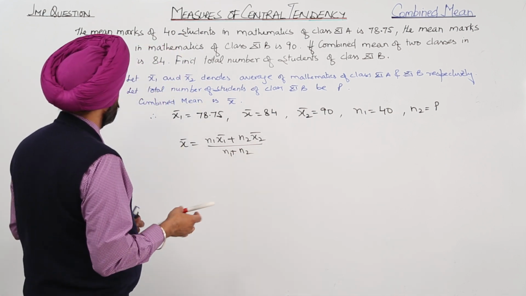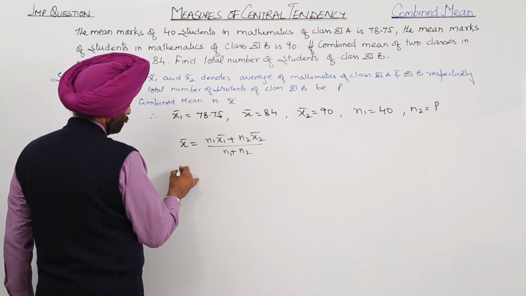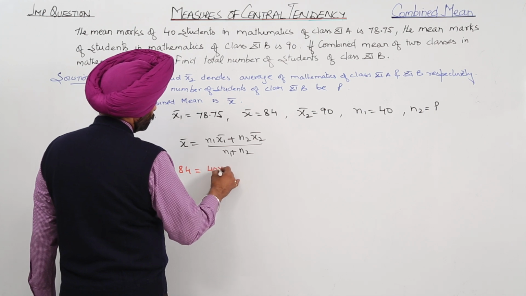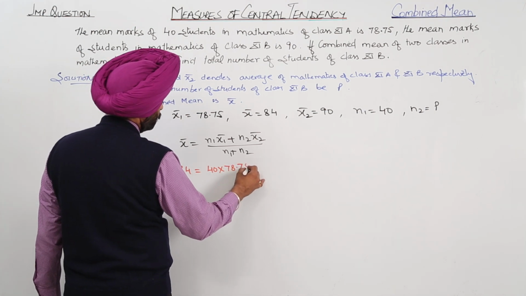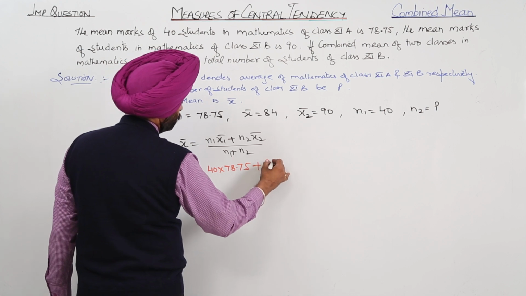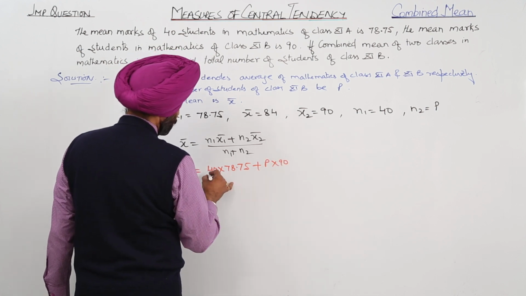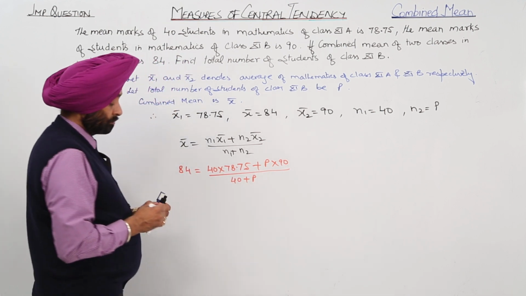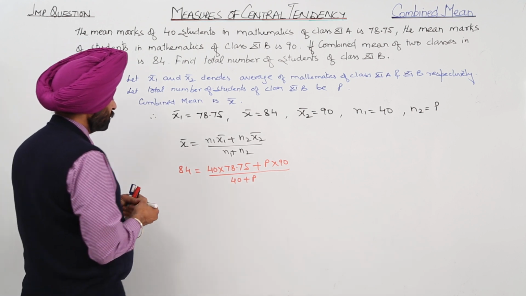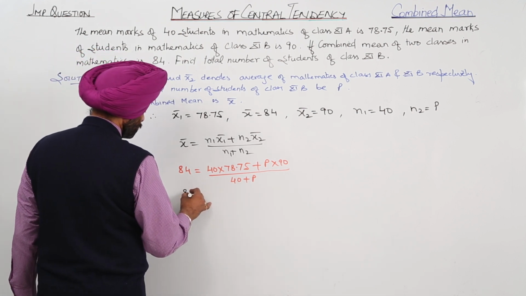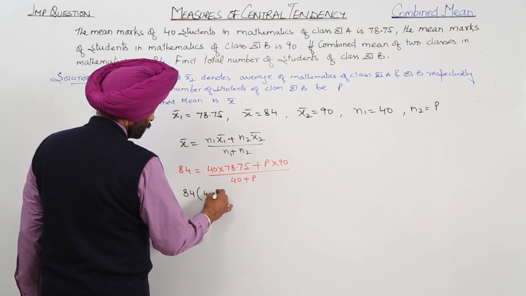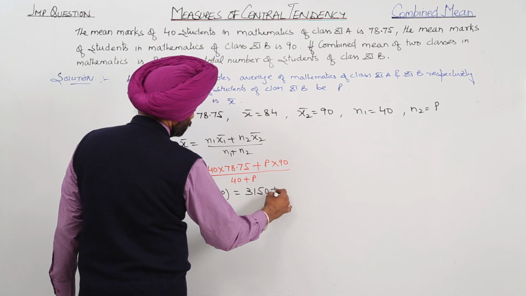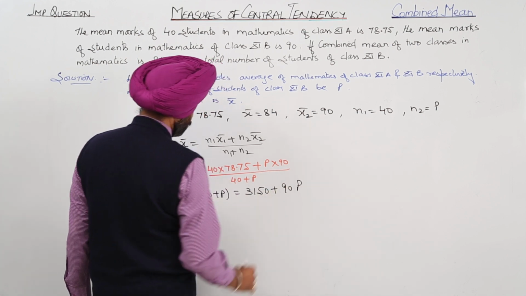So let us evaluate the values. 84 is equal to 40 times 78.75 plus P times 90 upon 40 plus P. Now this becomes 84 times (40 plus P) is equal to 3150 plus 90 P.